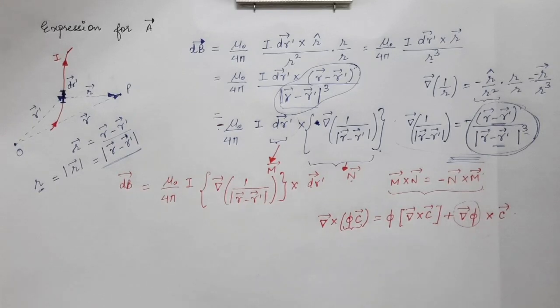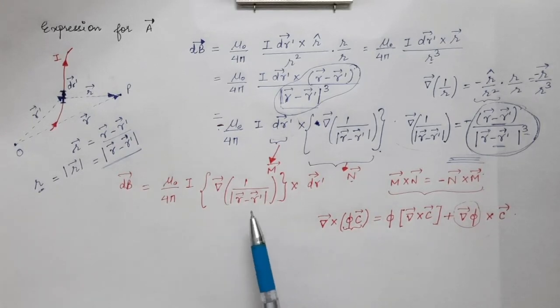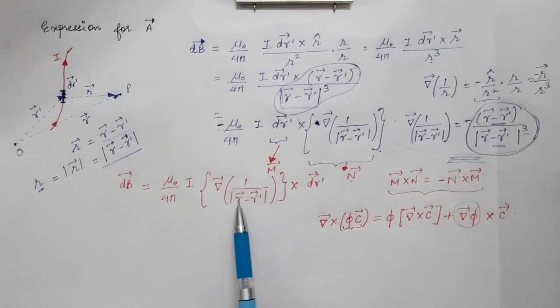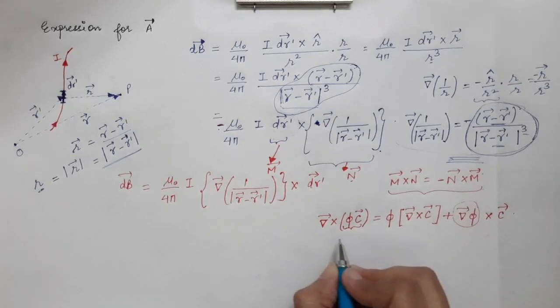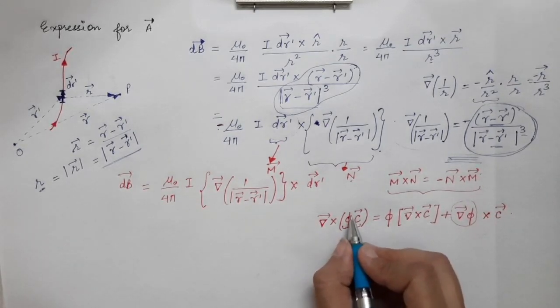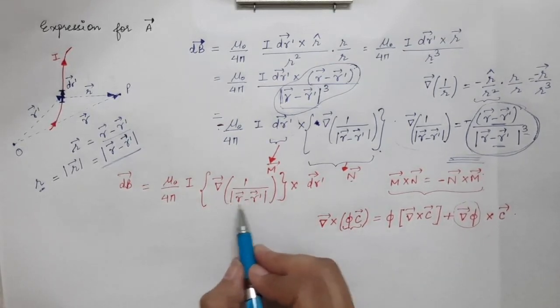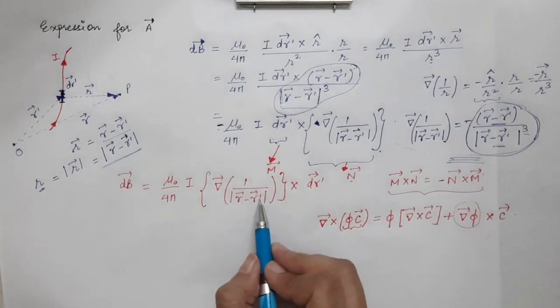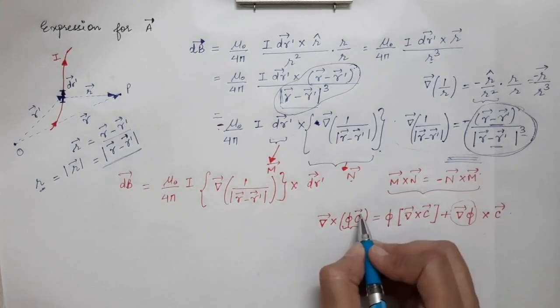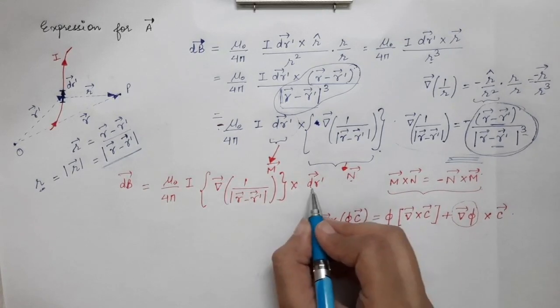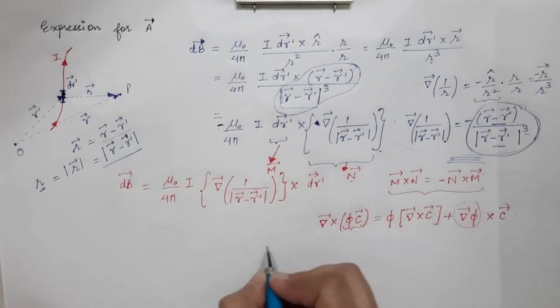So now we are going to use the same thing over here. What is the scalar function that you have? The scalar function that you have is 1 divided by the magnitude of r vector minus r prime vector. So let's substitute phi as 1 divided by the magnitude of r vector minus r prime vector, and substitute this c vector as dr prime vector. So what you will get?